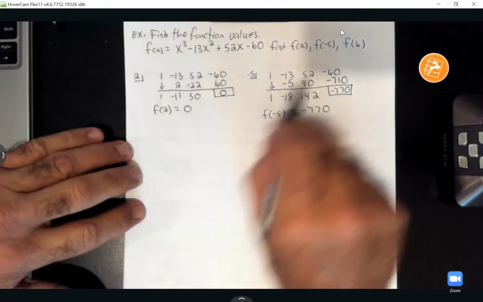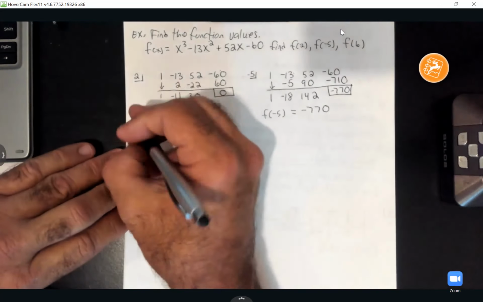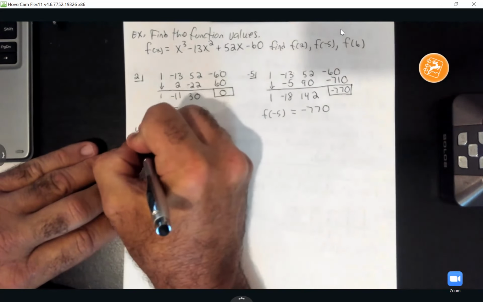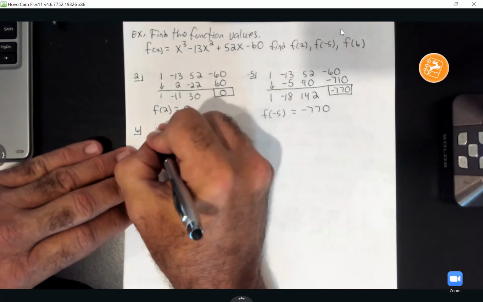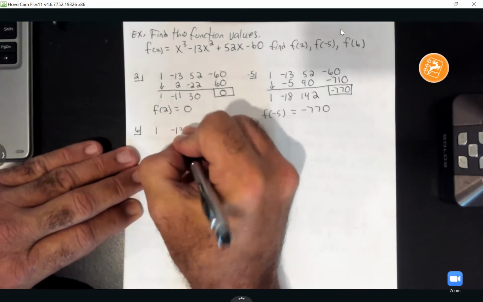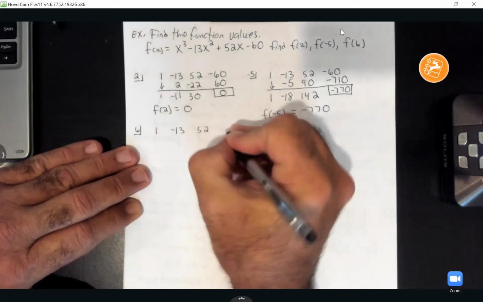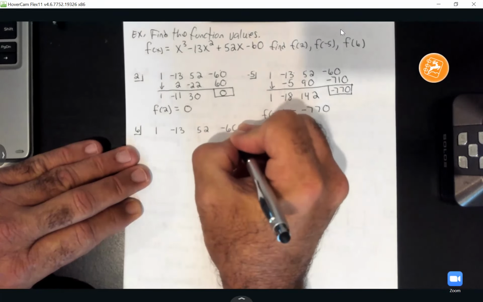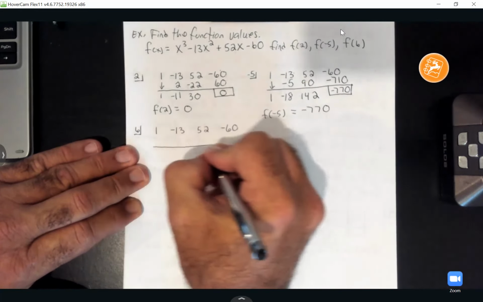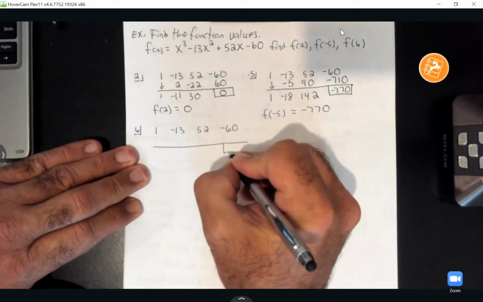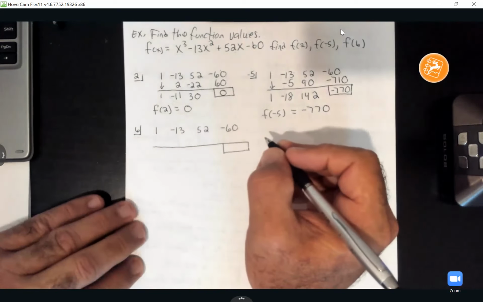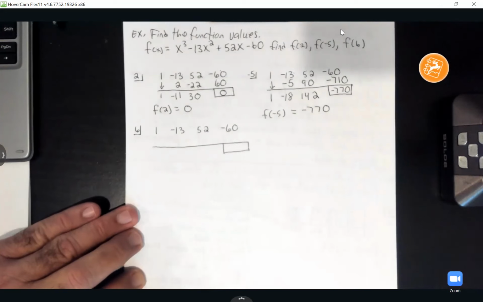All right, y'all, one more. We got a 6 here. So my next C will be 6. I still got the same numbers that I'm using. All righty, so first step y'all want me to do.